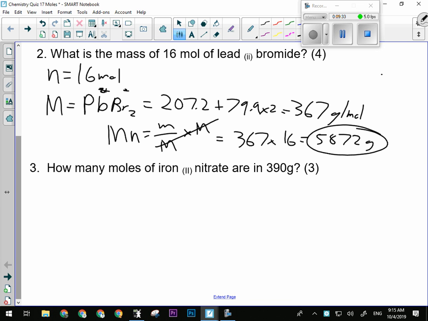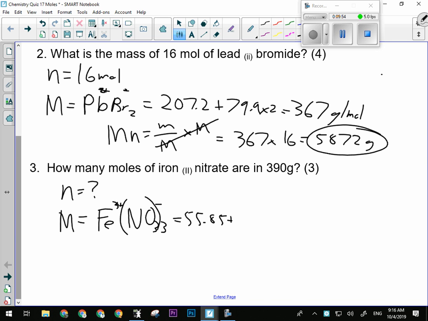Number 3 is the easiest one, because we're just looking for the number of moles. We're told the material, iron 3 nitrate. So that's Fe with the 3 plus charge bonded to nitrate, which is a -1, so we'll need brackets and the 3 outside of them. We'll have 55.85 plus 14.01 times 3. Isn't that a 2, Mr. Coder? Right, it's iron 2. You're right. FeNO3.